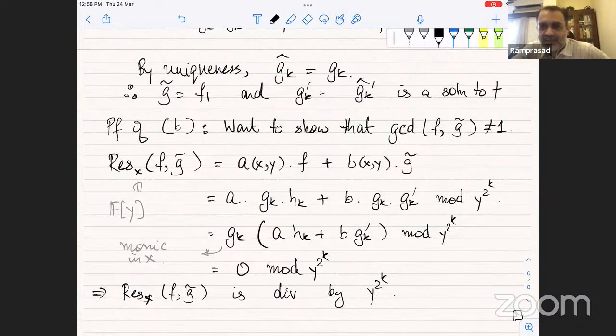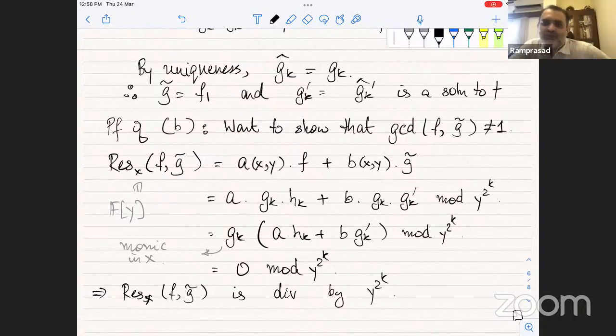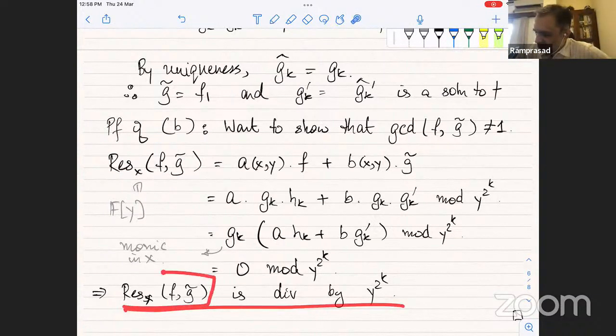Now, can you set k large enough such that this means the resultant must be zero? What sort of k should you choose so that this automatically means it is zero?